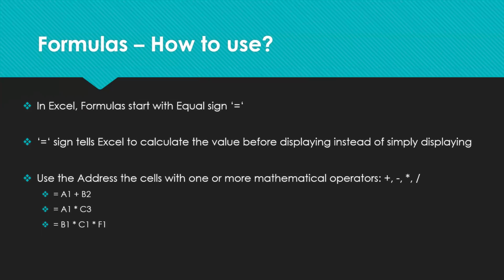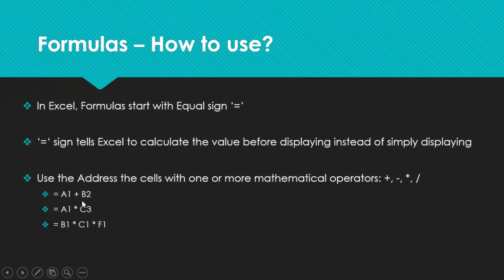Use the cell addresses with one or more mathematical operators: plus, minus, multiplication, slash for division. For example, =A1+B2, =A1*C3, =B1*C1*F1. So these are all example formulas that we can use in our application.